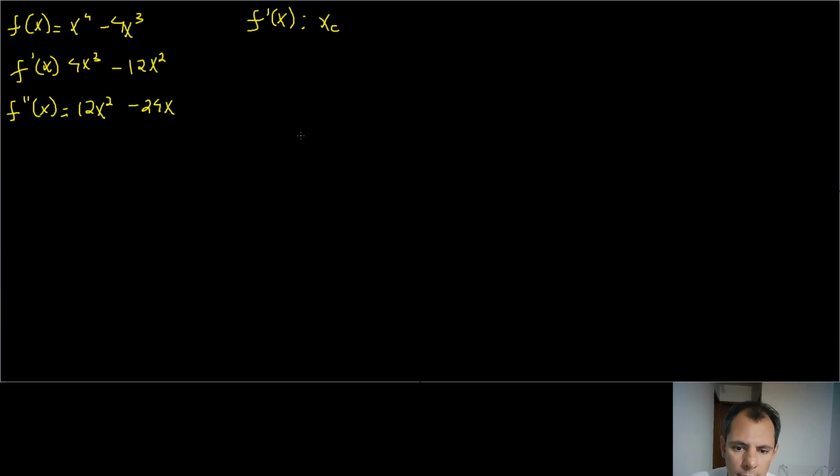Okay, let's see here. I'm just factoring out the 4x squared from this formula. So this is going to be 4x squared times x minus 3, equal to 0.